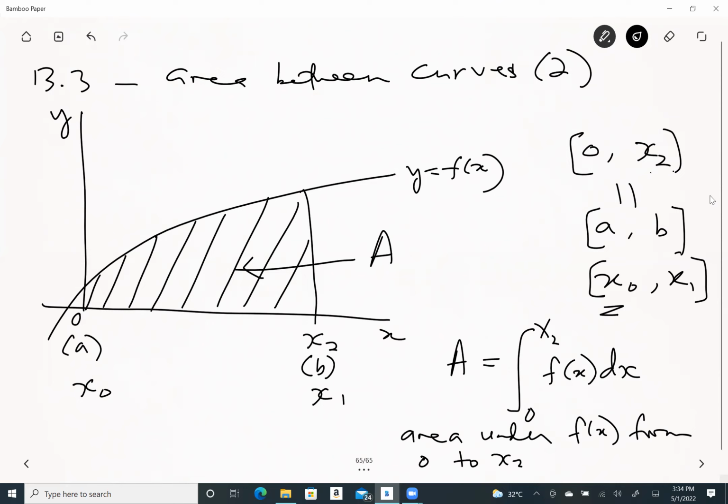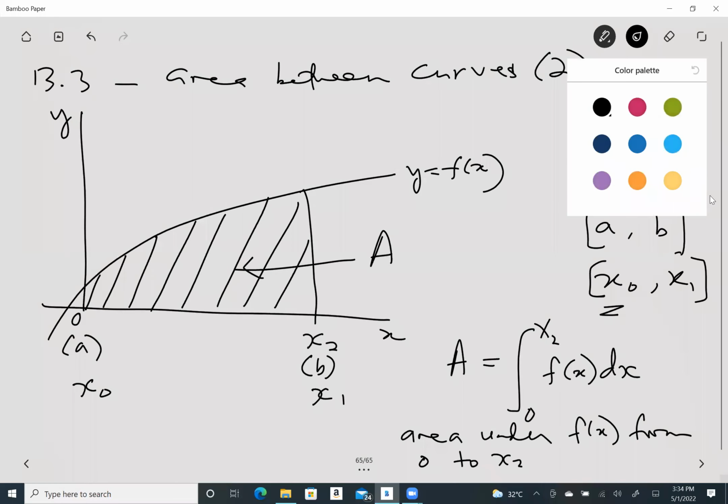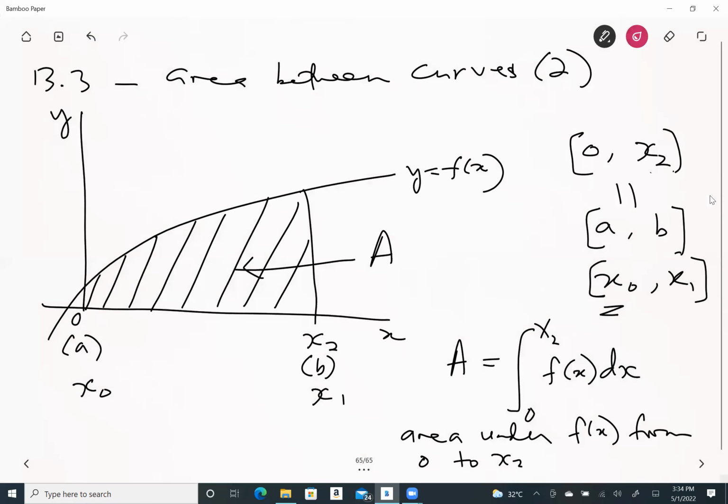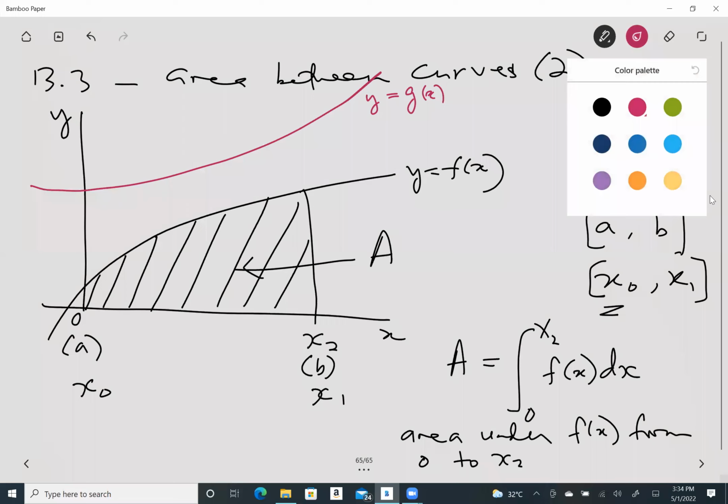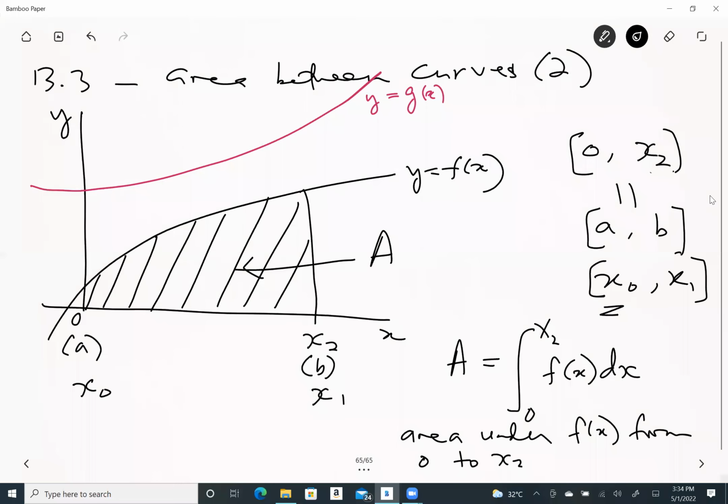Now let me draw another function. Suppose we have another line, call this g of x. And then I want to find, over the same interval from 0 to x2, that area.